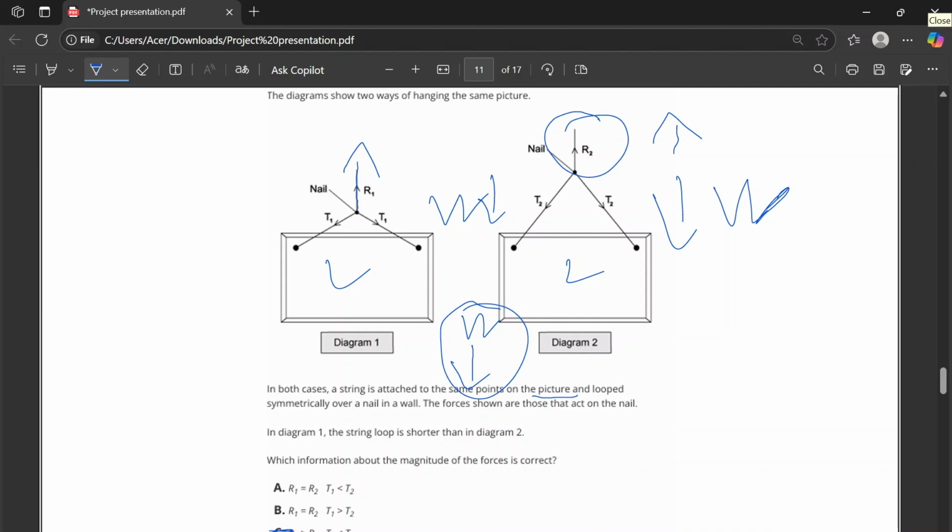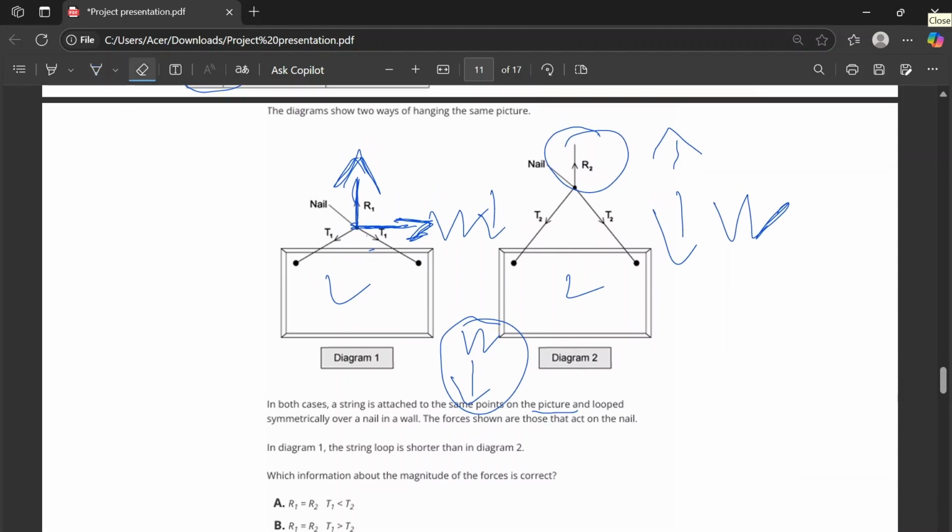So let's say either T1 is greater or T2 is greater. In this case we will use the components of T1. As you can see, there is one component of T1 on the vertical and one on the horizontal direction. We need this one, which will be equal to R1.